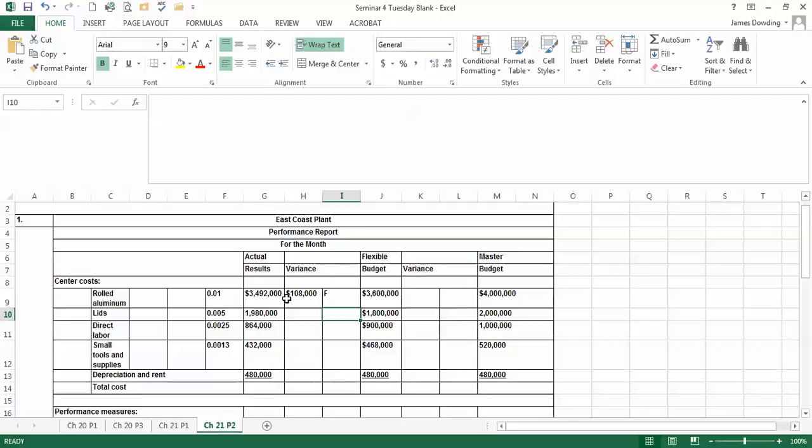We now want to do the rest of those, so we carry that down. In this case, we were over 180,000, so it's going to be unfavorable. Let's also mark that as a negative.